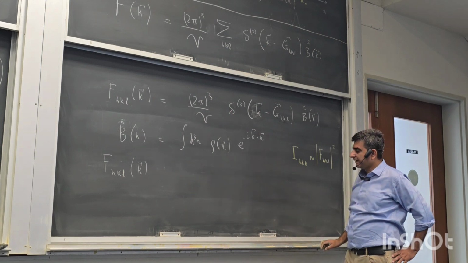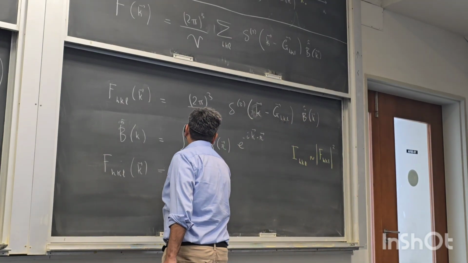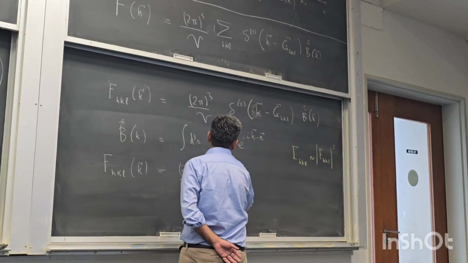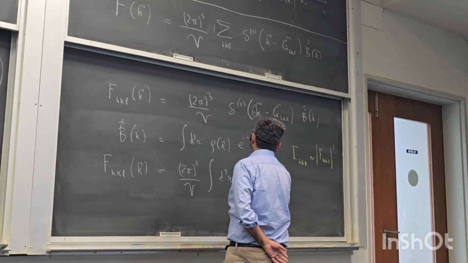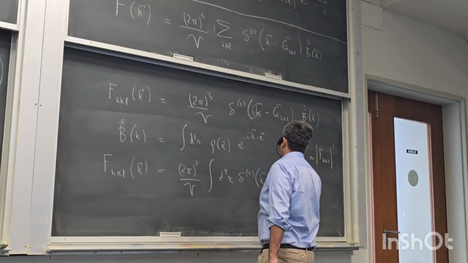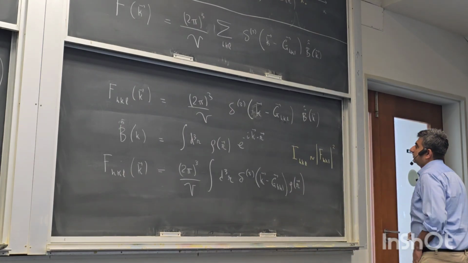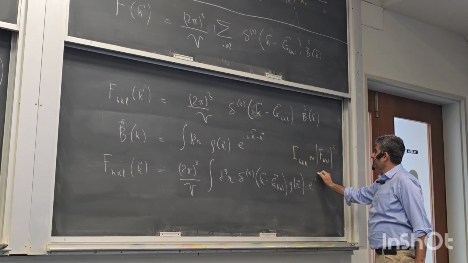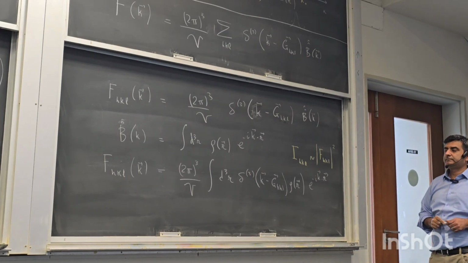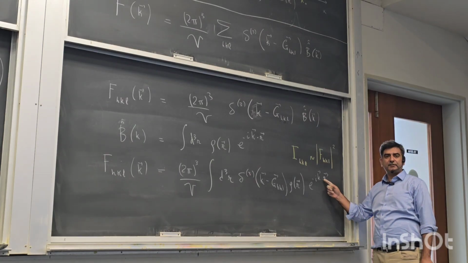Okay, so this F HKL is now given by 2 pi cube over V d cube R, K minus G HKL, rho R, E minus I K, correct? Now this samples the values of K's, right?